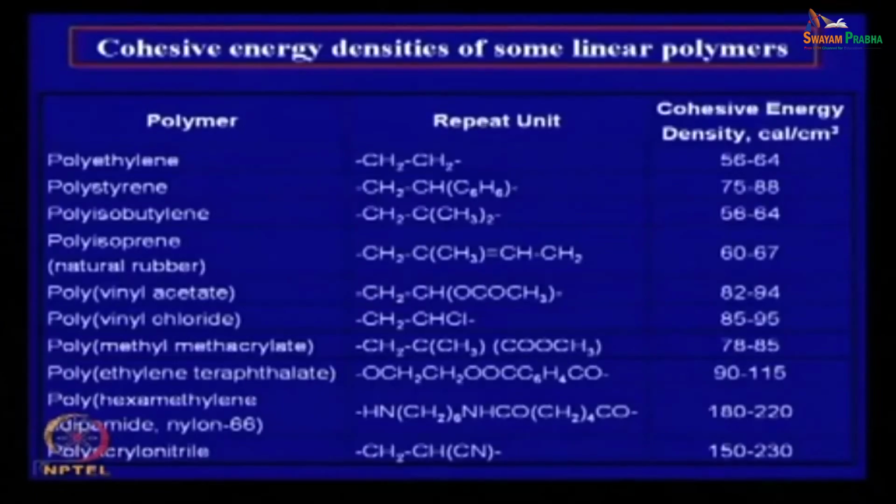Here it is shown per cc, in calories per cc: the energy required to break those secondary bond forces is like this, 56 to 64 calories per cc. You can calculate in terms of mole basis.